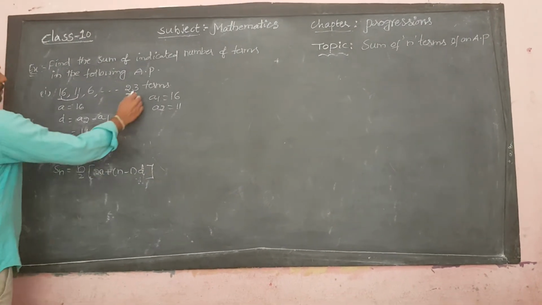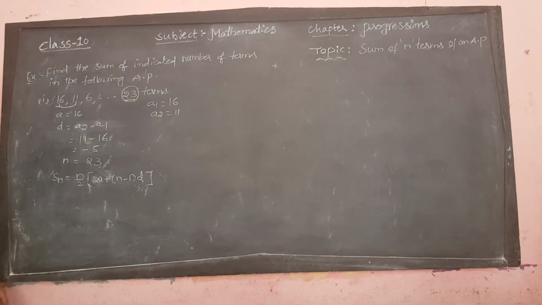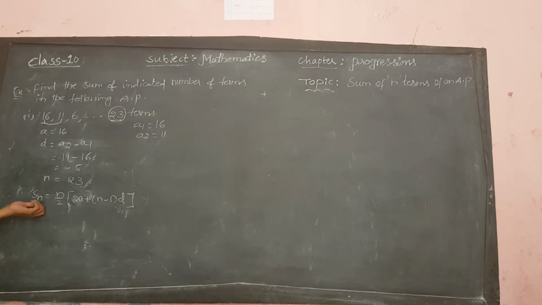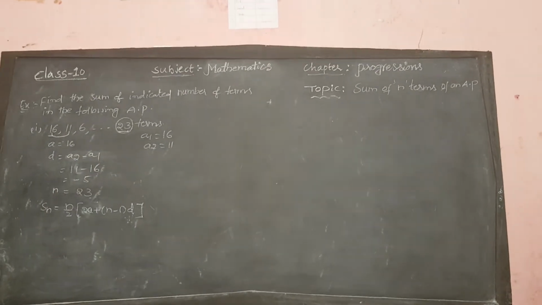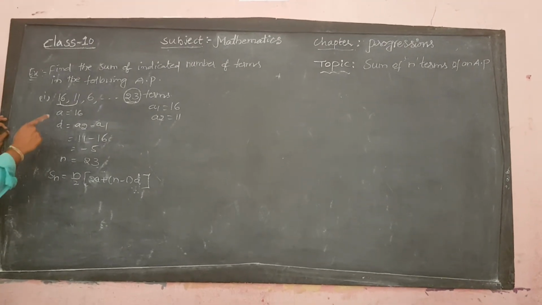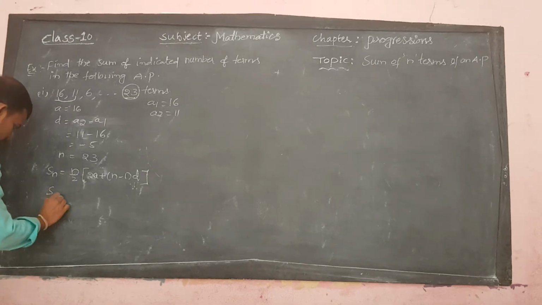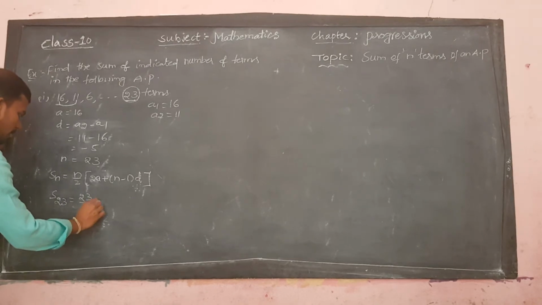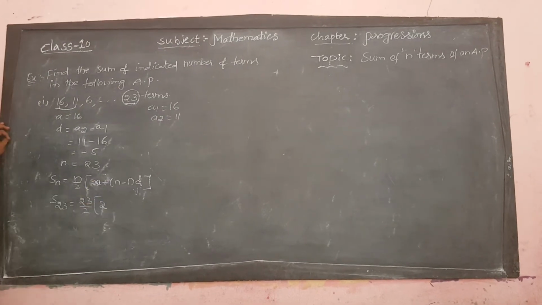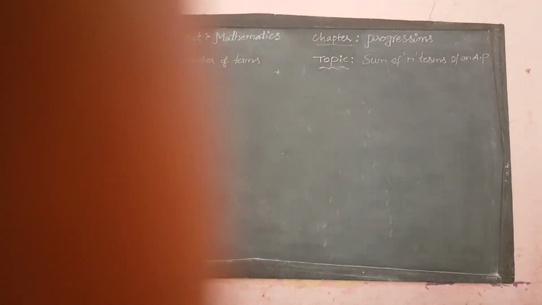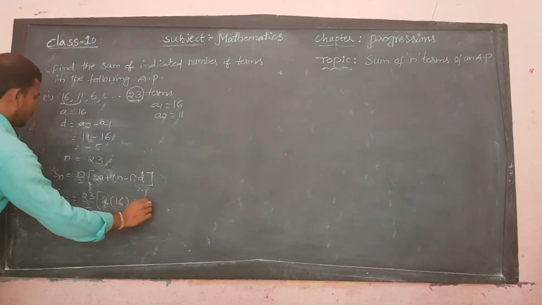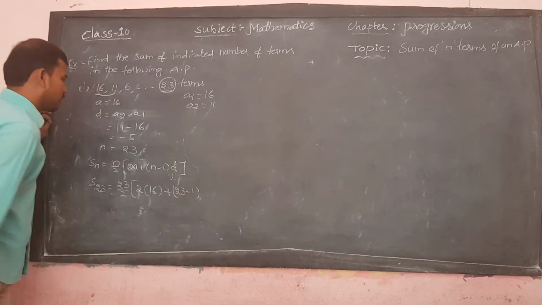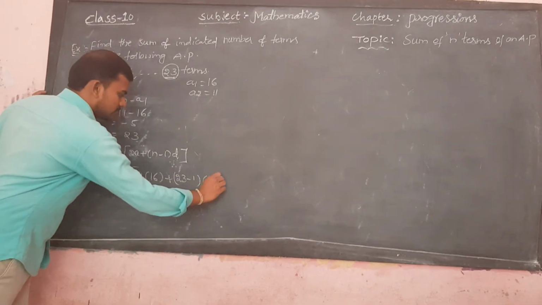Here we have to find the sum of 23 terms, so in place of n we write 23. S23 is equal to 23 by 2 into (2 into 16 plus (23 minus 1) into minus 5).